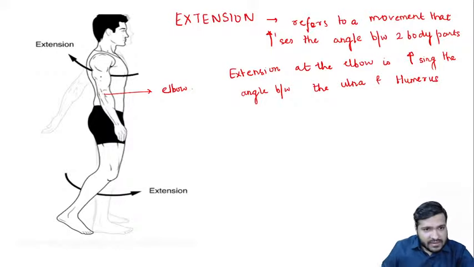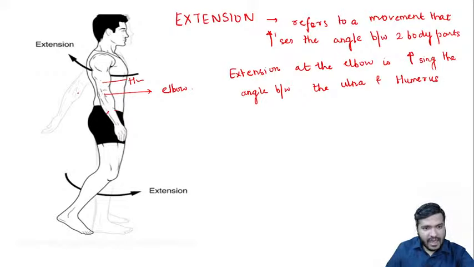Apart from that, guys, you know that this is the humerus bone, and on the medial side we have the ulna, and on the lateral side we have the radius. So if extension is taking place, the angle between the humerus and the ulna will automatically increase. Extension goes more away from the body. You can see over here in the picture.